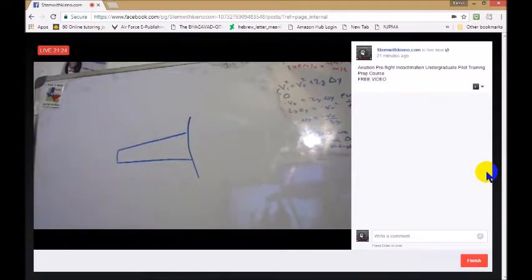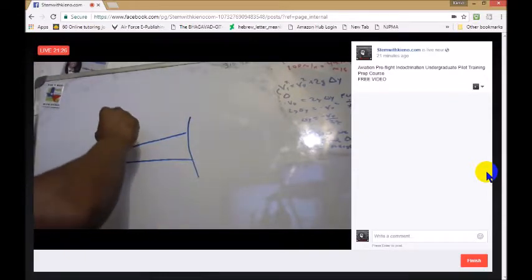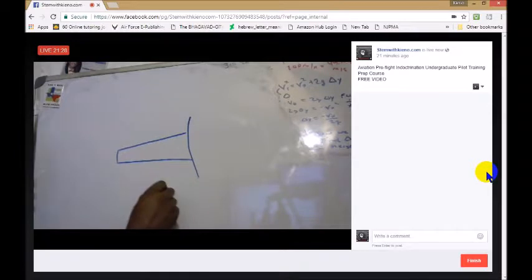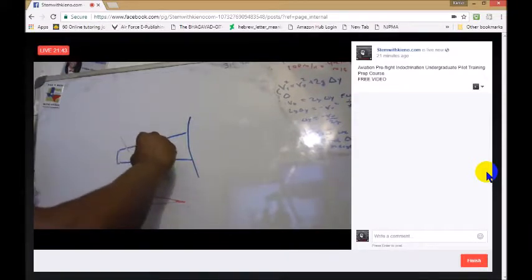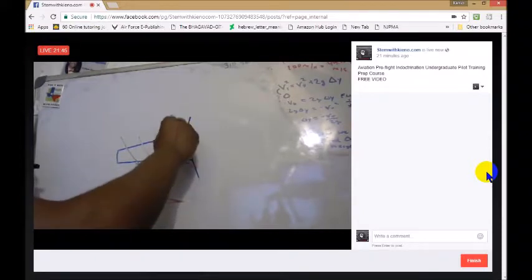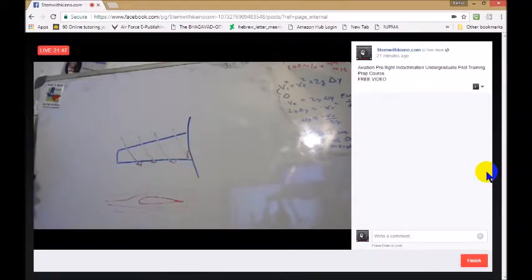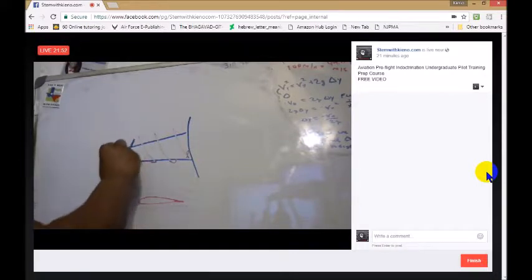If we look from a side view, we know that air is going to be flowing over the top of the wing, and air is going to be flowing over the bottom of the wing. The air over the top of the wing will kind of come in like this towards the fuselage, and airflow on the bottom of the wing will kind of be moving in that direction.